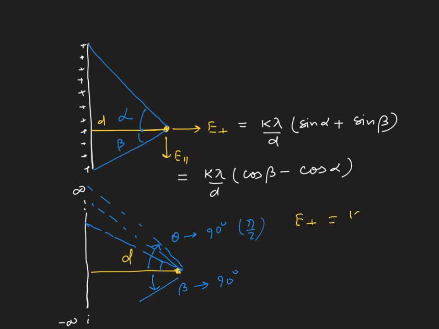So E perpendicular will be k lambda by d into sine 90 plus sine 90, and that is 2, so you will have 2k lambda by d. What will happen to E parallel? Cos 90 both are 0, so E parallel will be equal to 0. So for an infinite wire, there will be no field along parallel. The only field that will exist will be E perpendicular.